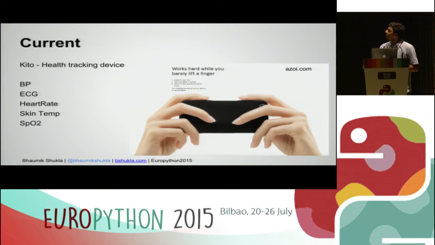So let me tell you about my current product and a little bit about it. We have developed a smartphone case which can read your body vitals when you place a finger on the case like this, and it will read your BP, ECG, heart rate, skin temperature, SpO2, and it will show those things on your mobile and sync it with the cloud.